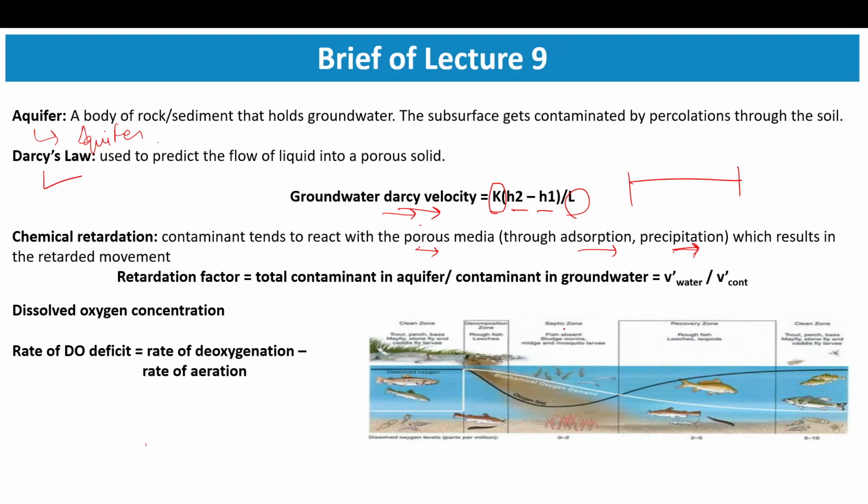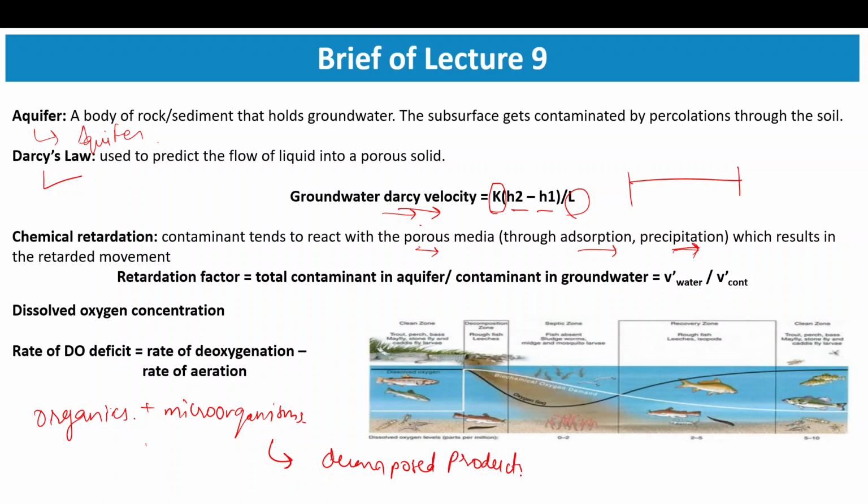Next term discussed in the class was the dissolved oxygen concentration. As I have mentioned, dissolved oxygen is used up to decompose all the organics by microorganisms in the presence of oxygen to form decomposed products.